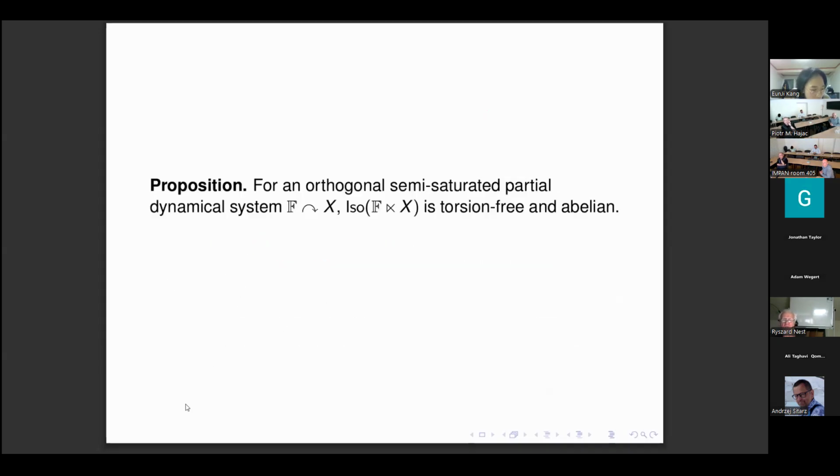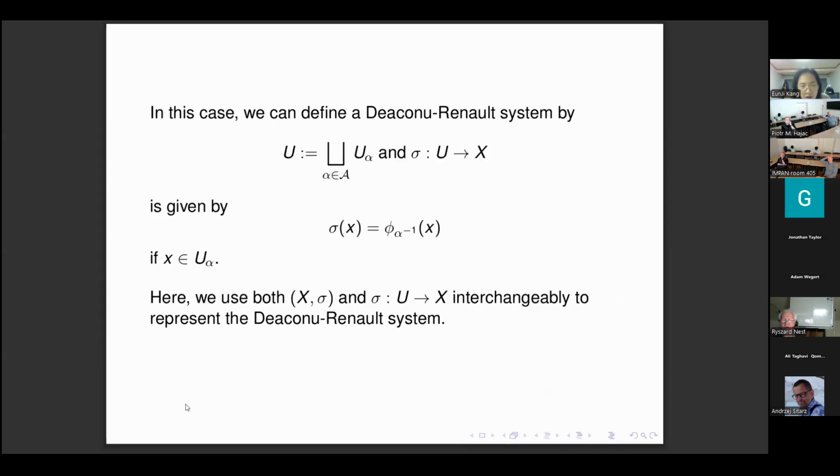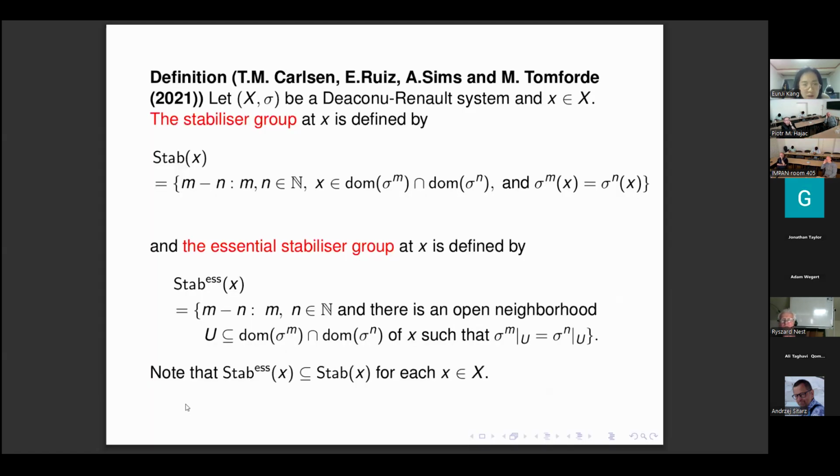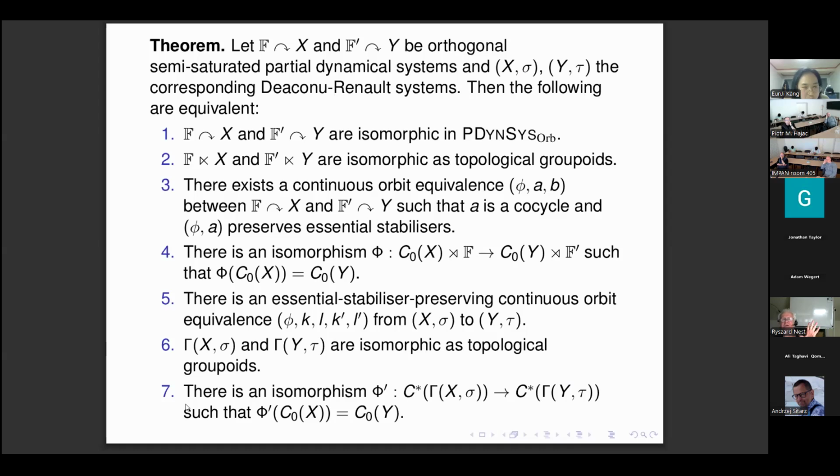First of all, F and F prime are related how? Do they have the same number of generators or something? You have these two groups, F and F prime, in your final theorem.